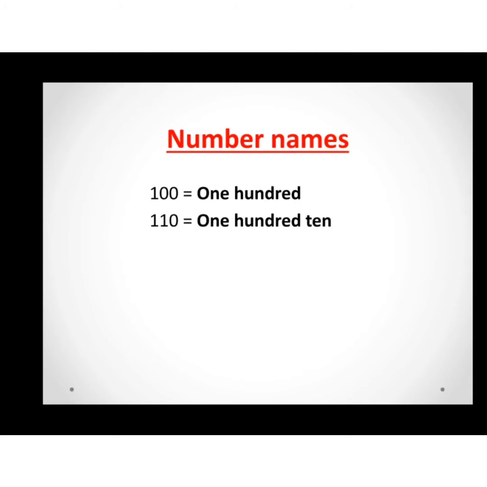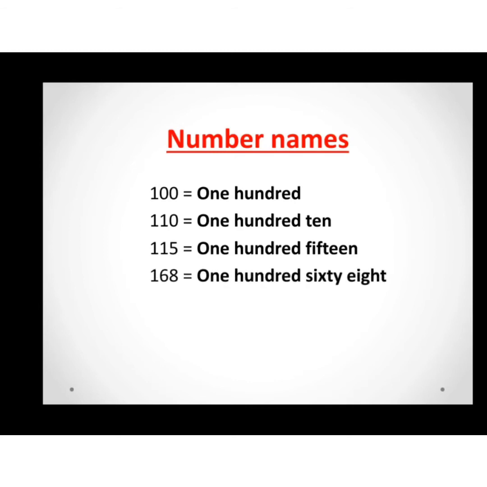Write the spelling of 100 and then the spelling of 10. So ONE 1, HUNDRED 100, TEN 10, 110. Similarly 115. First ONE 1, then HUNDRED 100 and at last FIFTEEN 15, 115.